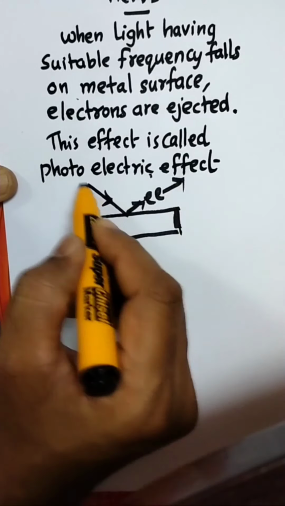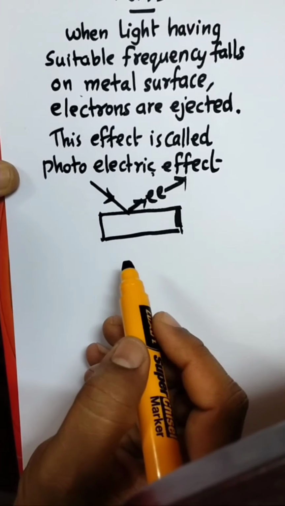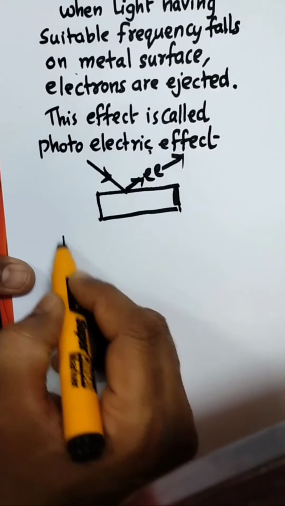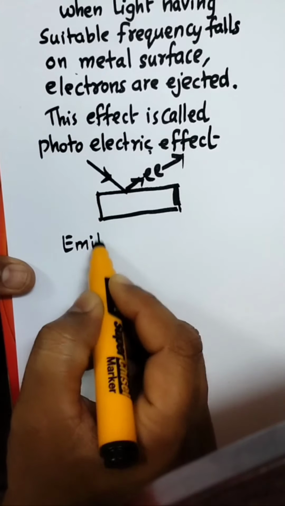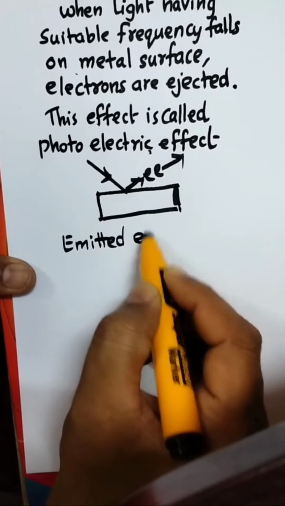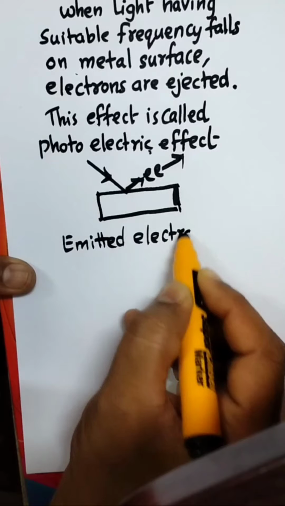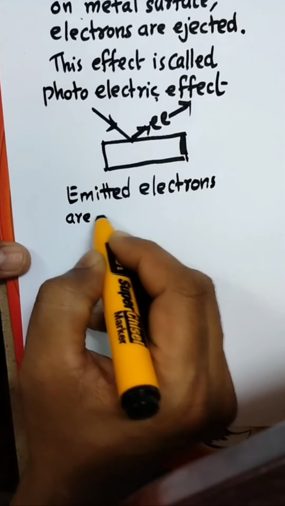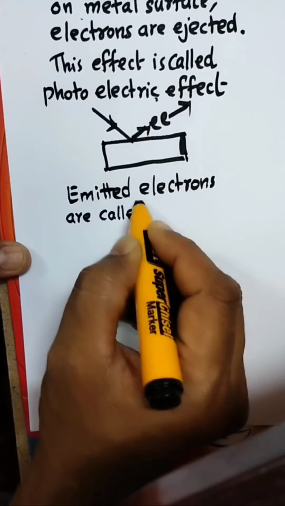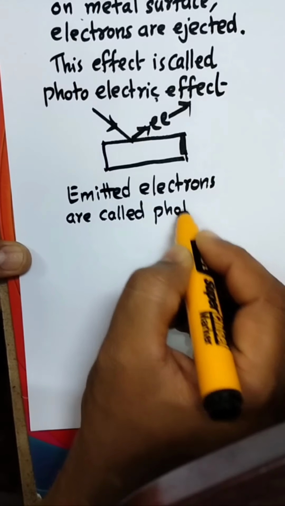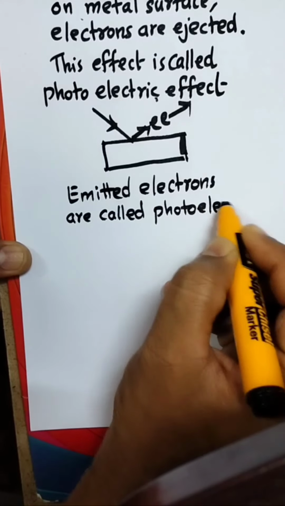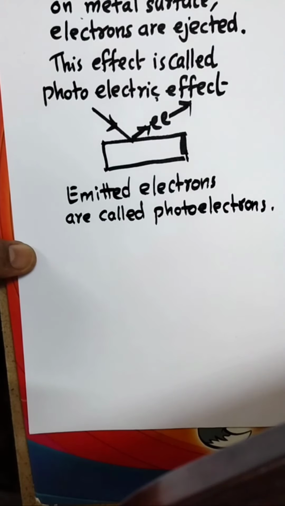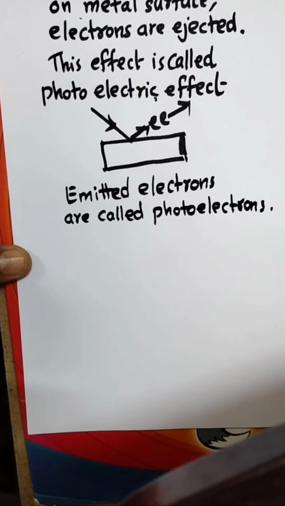This effect is called photoelectric effect. Emitted or ejected electrons are called photoelectrons. This is photoelectric effect. It was introduced by Hertz.